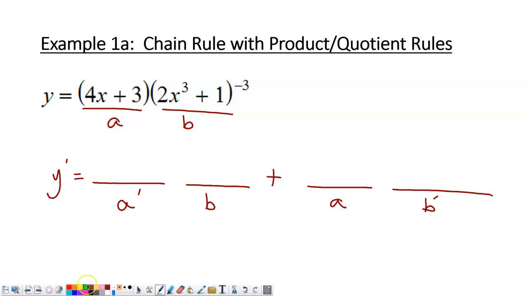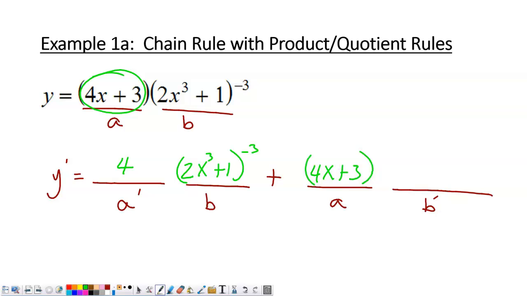So let's get started. We have A prime, so what's the derivative of this? Well, that would be 4, nice and simple. Then we're just going to put B there. B is 2x cubed plus 1 to the negative 3 power. On the next one, we're going to put A in. So A is just going to be 4x plus 3.